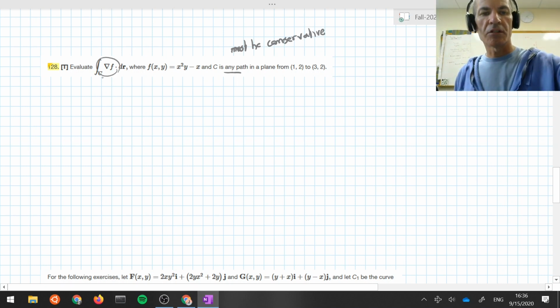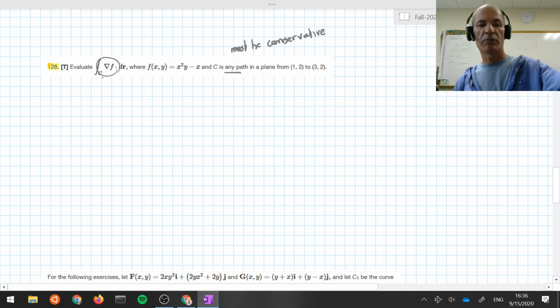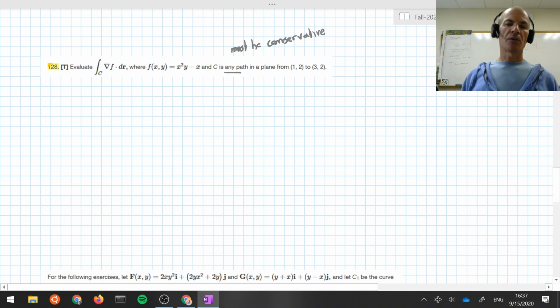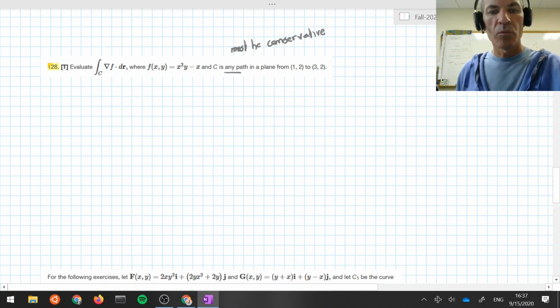Now we know that this is conservative because instead of a capital F here, we literally have the gradient of f sitting here. So that's a conservative vector field. The gradient of f is a conservative vector field by definition. So thankfully, they've already given us little f, so there's not much work to be done here. The fundamental theorem of line integrals, FTLI, says that this is just f of (3, 2) minus f of (1, 2).